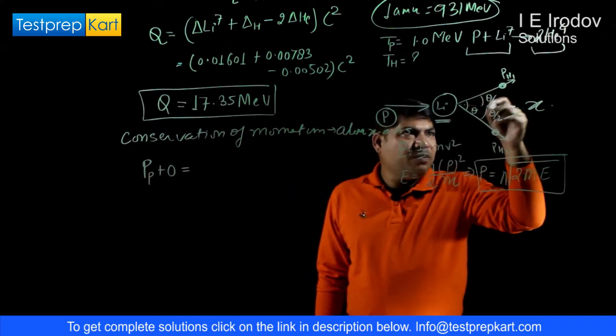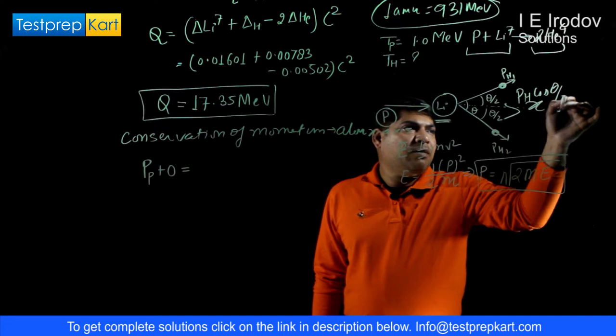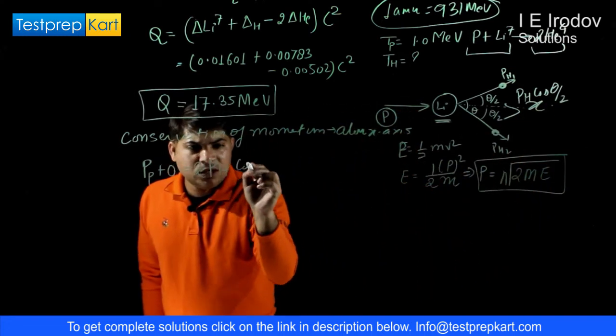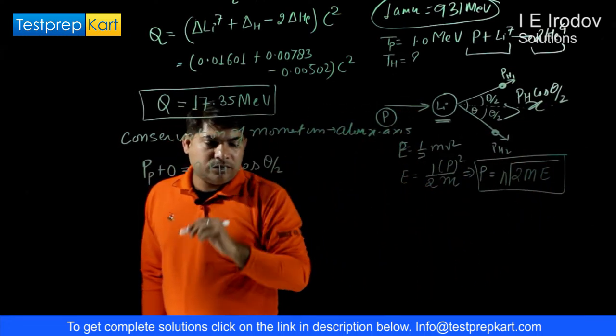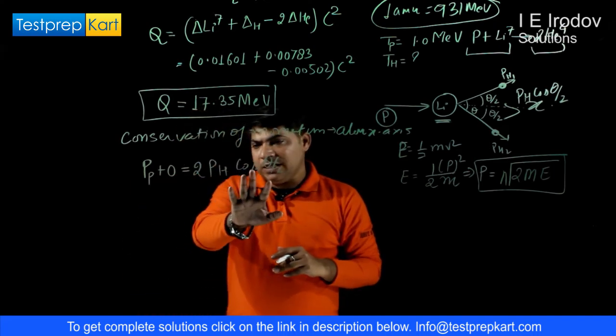Taking the component along this direction, it will be pH cos theta by 2, so we can write 2 pH cos theta by 2. Now we can express these terms in the form of energy.